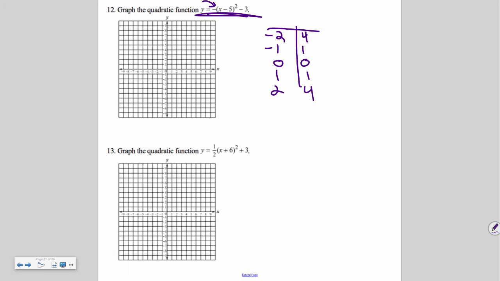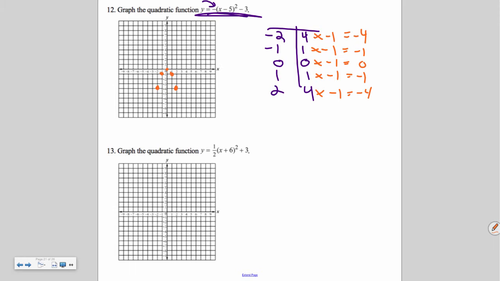And this negative outside multiplies. So I'm going to multiply all these by negative 1. So negative 4, negative 1, 0, negative 1, negative 4. I then plot those. So negative 2, negative 4, negative 1, negative 1, 0, 0.